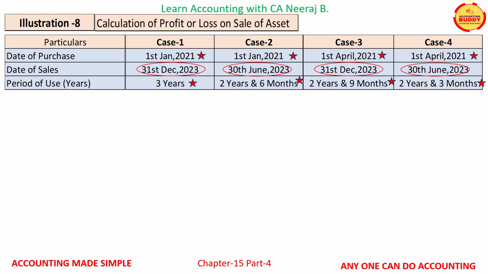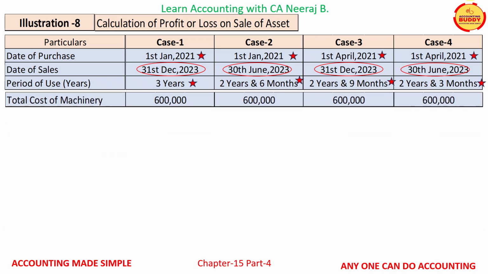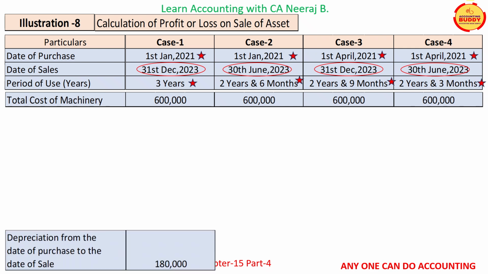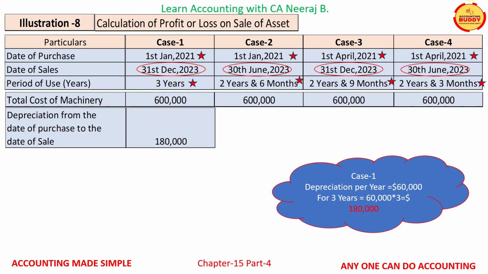Total cost of the machine in all the 4 cases is the same, that is $600,000. Depreciation provided on the machine in case 1 is $180,000. In case 1, since the machine is used for 3 years and annual depreciation is $60,000, depreciation from the date of purchase, 1st of January 2021, till the date of sale, 31st December 2023, will be $180,000.